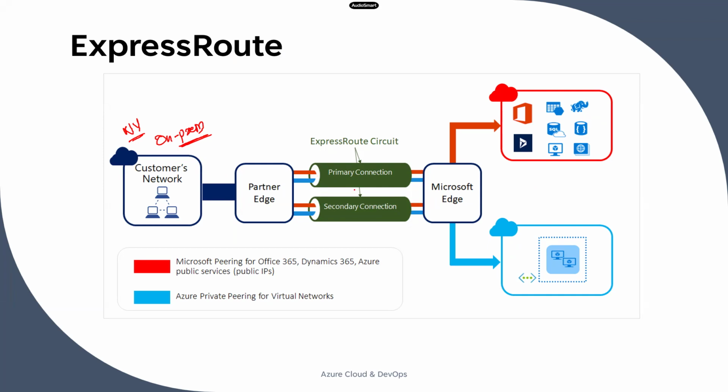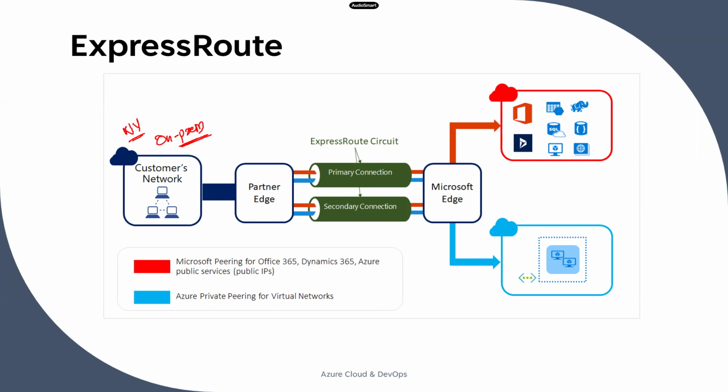This ExpressRoute connection will be a private connection, which allows us to establish a connection in between. So it will help us connect the resources that we have on-premises with the resources that we have deployed in the cloud.